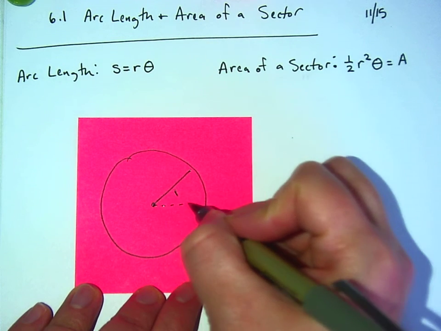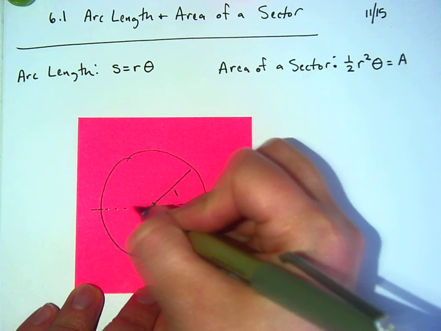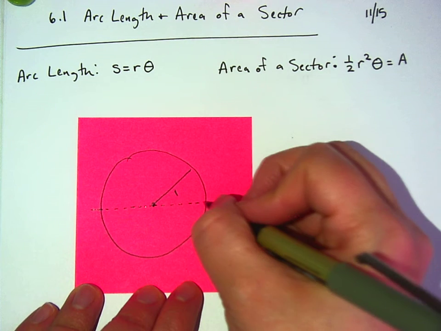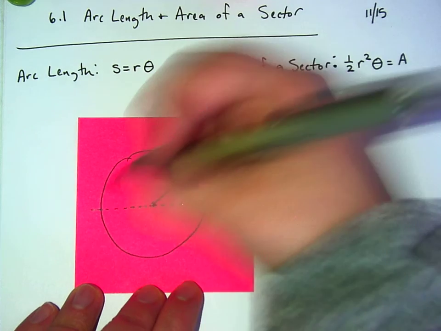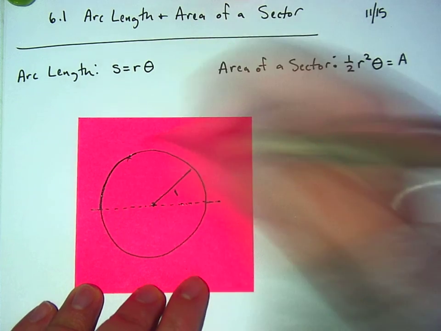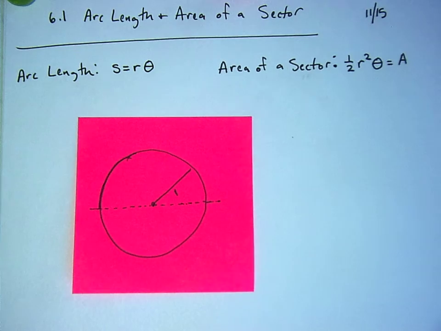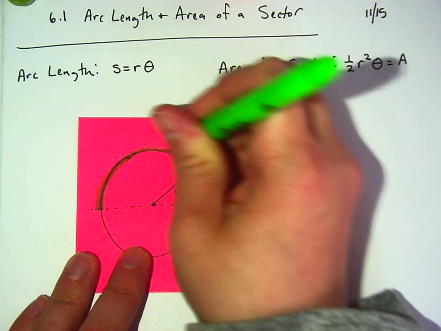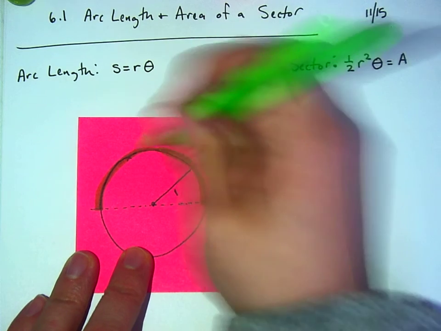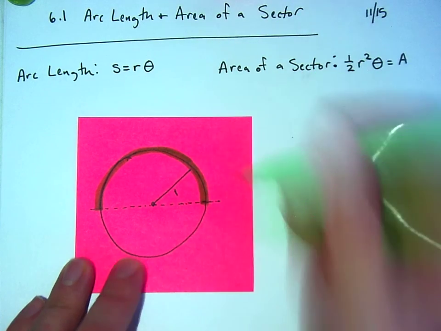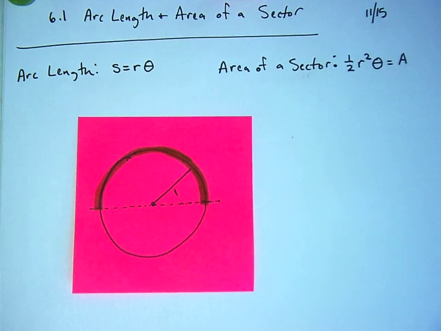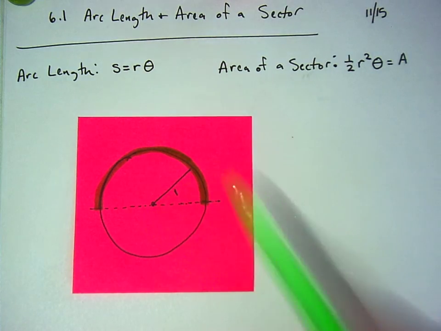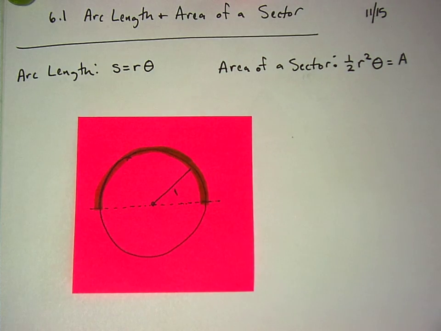Okay, if it had an exact radius of 1, then this distance here would be pi. Remember that? Half a circle's pi. We did this last week. Half a circle's pi, the whole circle's 2 pi. Okay? But that's only if the radius is 1. And remember, this is a unit circle, so the radius is 1 on this.